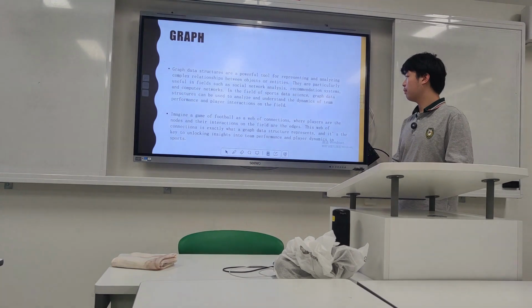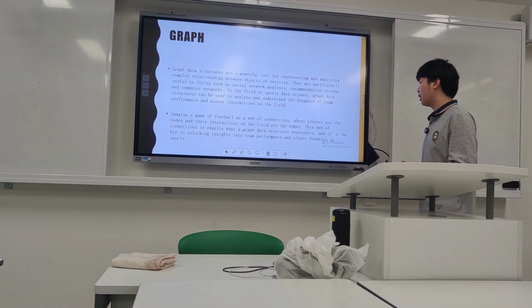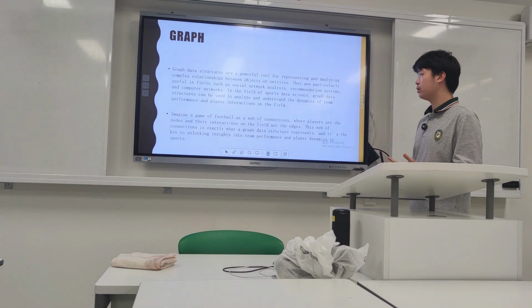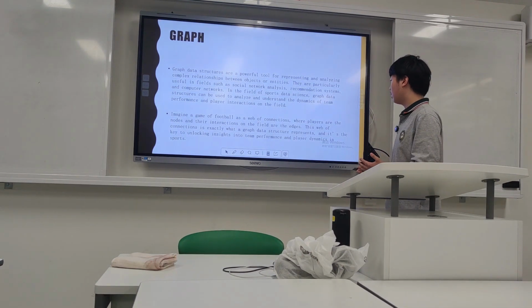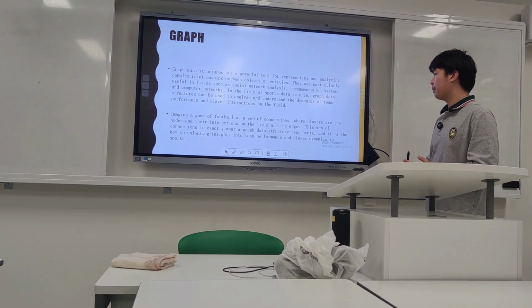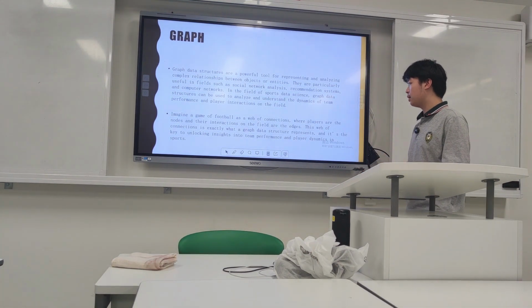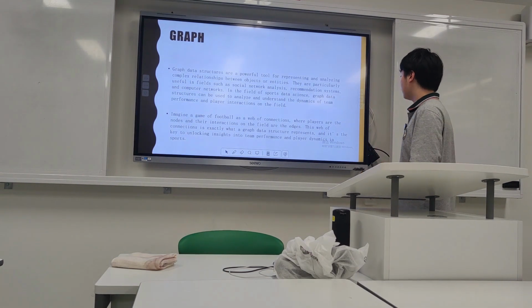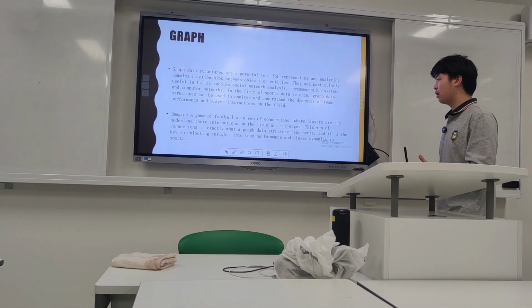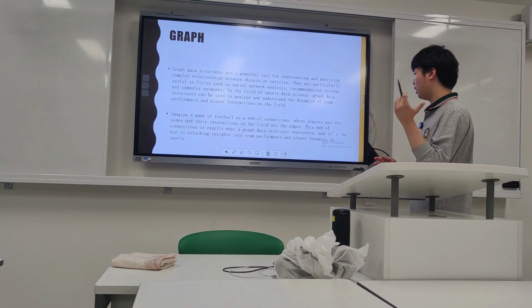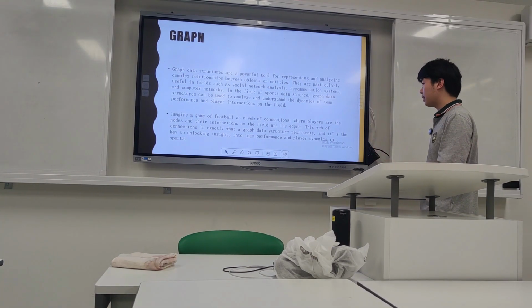Imagine a game of football as a web of connections where players are the nodes and their interactions on the field are the edges. This web of connections is exactly what a graph data structure represents, and it's the key to unlocking insights into team performance and player dynamics in sports.